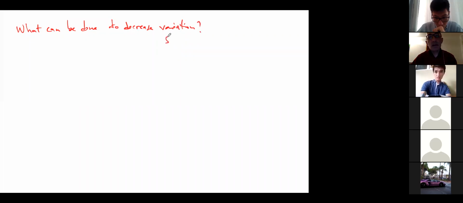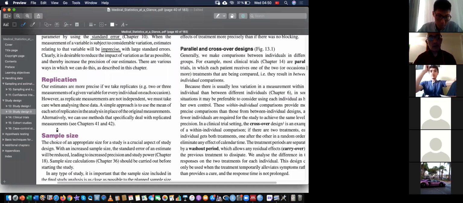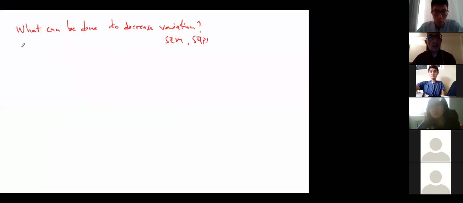I mean standard error of the mean or standard error of the proportion. Because if we have a high standard error of the mean, it will indicate that we have an imprecise, non-precise measurement. One way is to have replication. One solution is replication.